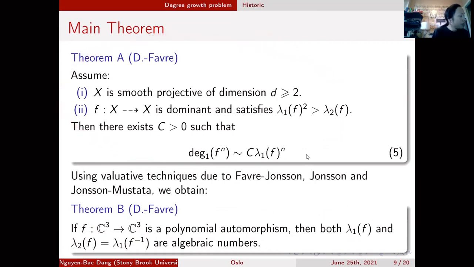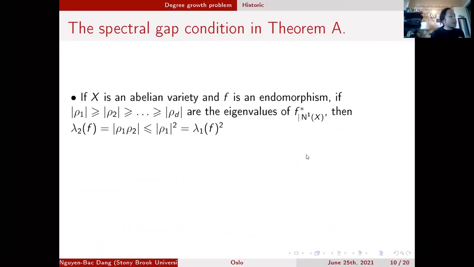So let me comment a little bit on the conditions of the theorem. You have the condition lambda 1 square strictly bigger than lambda 2, and to understand it, you can look at some very simple cases.